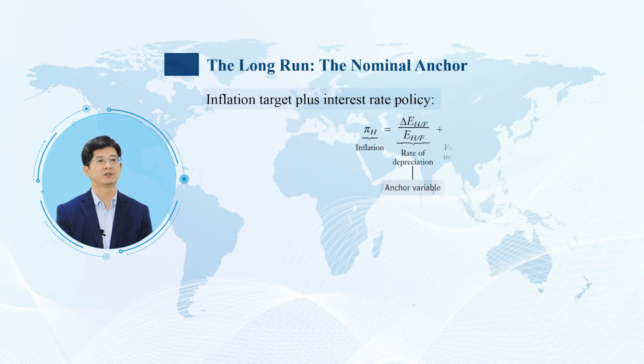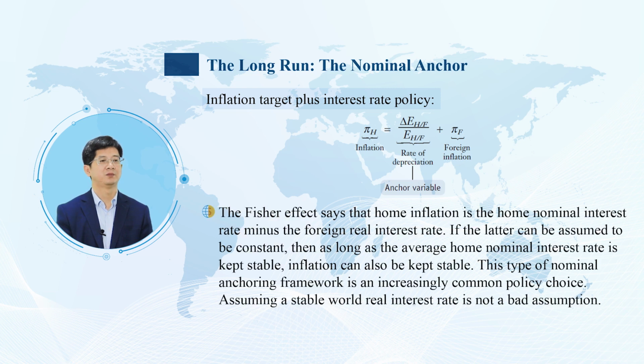Inflation target plus interest rate policy: pi H expected is equal to i H minus r star. The Fisher effect says that home inflation is the home nominal interest rate minus the foreign real interest rate.